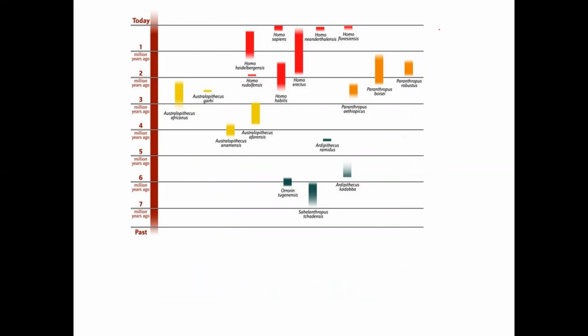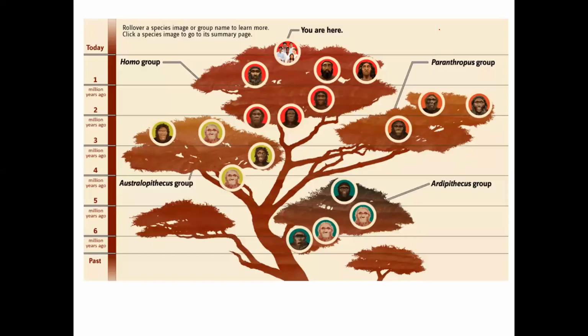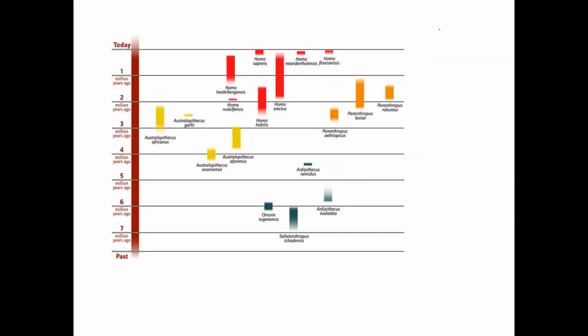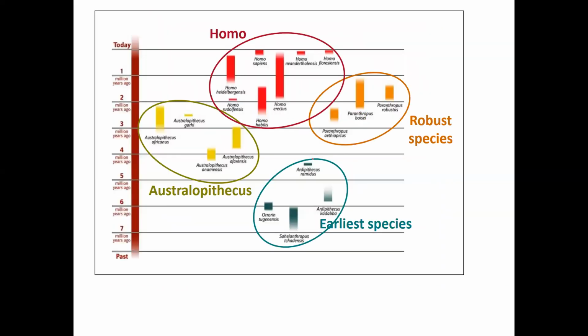These are different species of hominids, grouped based on relations and in time. Here they are mapped using this tree to illustrate those groupings. We have the earliest species down here, Australopithecus, the robust species, and the Homos.